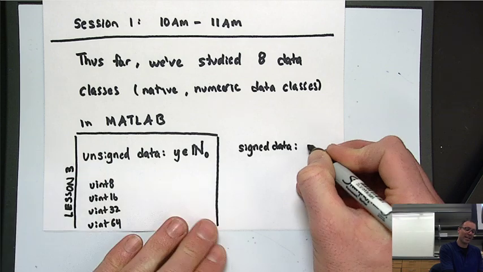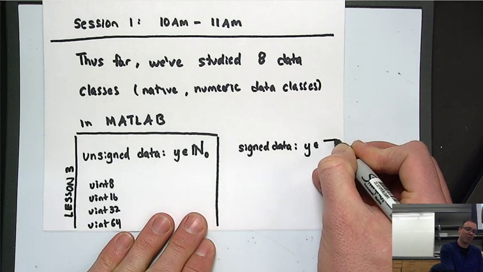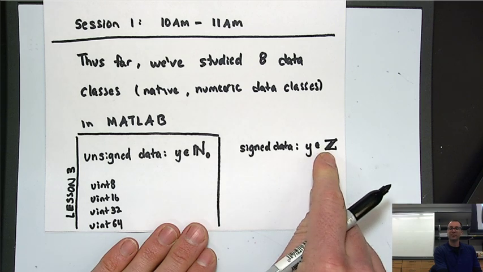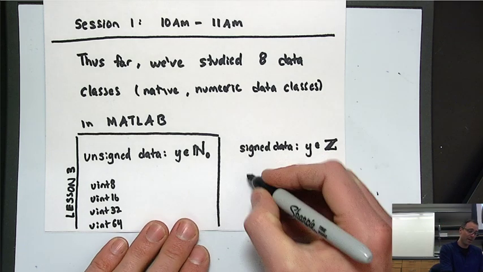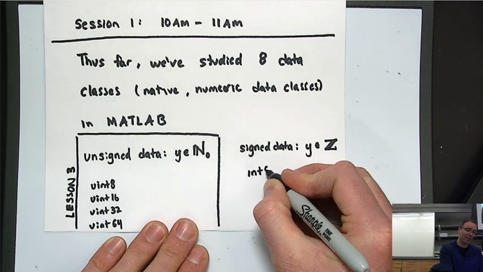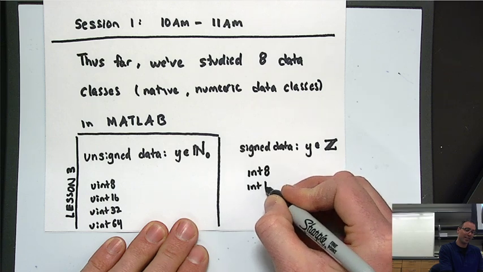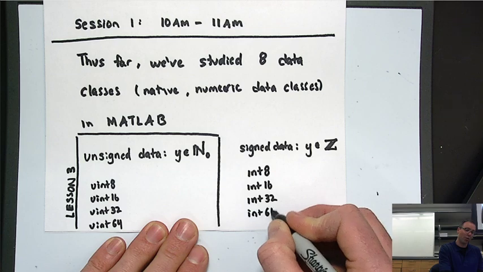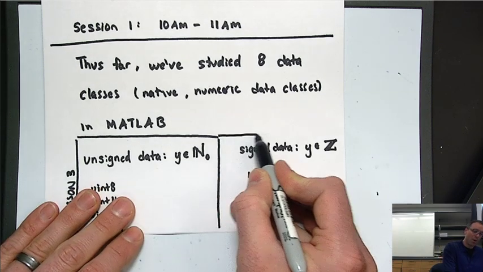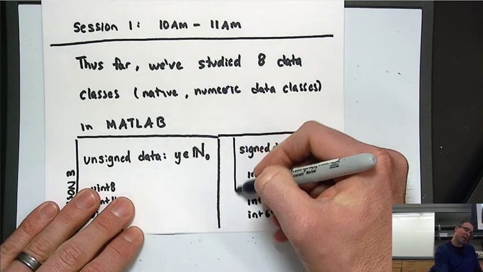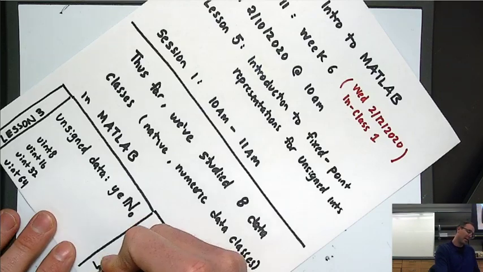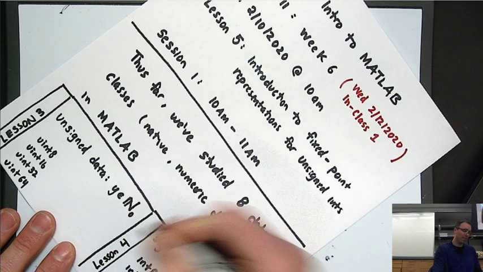And right now our signed data, instead of being non-negative integers, we switch to the entire set of integers. And we had 4 classes there: int8, int16, int32, and int64. All of that stuff we spoke about in lesson 4.